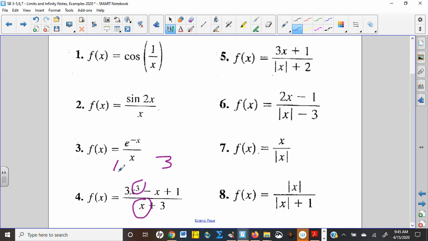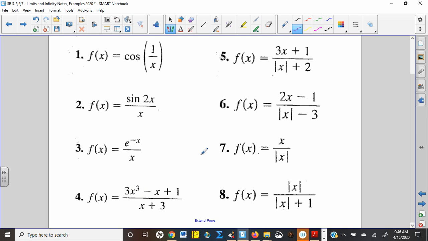The EBM, right, the end behavior model, is 3x cubed over x. Remember doing those, right? 3x cubed over x. So really that's just 3x squared, and positive x squared looks like this. So we know that as x approaches positive and negative infinity for number 4, this function is approaching positive infinity in both directions. Big topic for today.